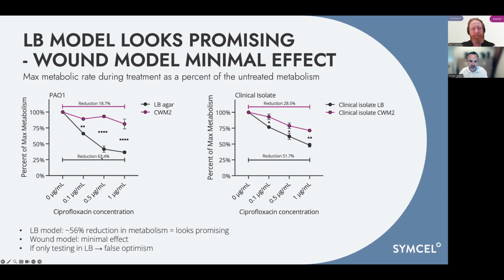You had a good reduction, and you could maybe be quite positive about this. But if we put it into a more clinically relevant model system, we are able to see that the fall in metabolism is actually much lower.